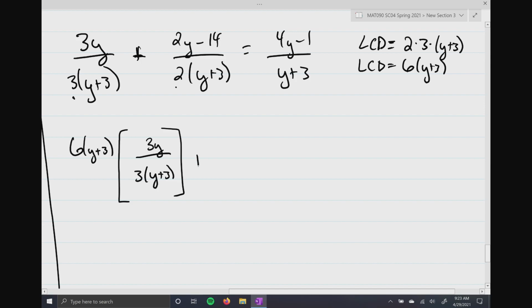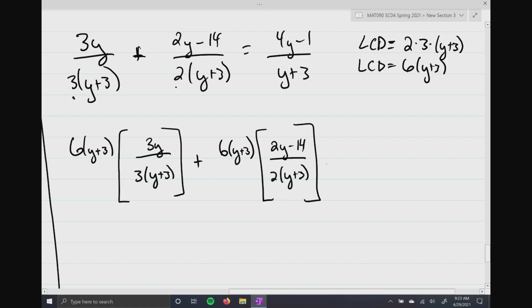Now, plus sign, 6, parenthesis y plus 3, and then in brackets, I'll put the second term. Equals, and then the last one, 6 times y plus 3, or the quantity y plus 3, and the last term.